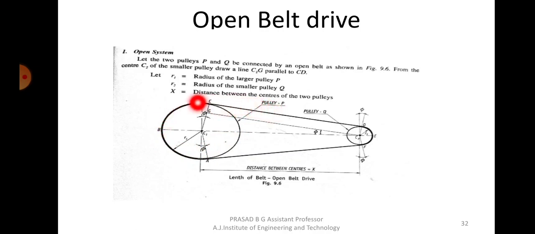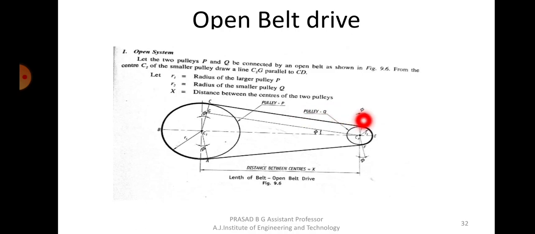So what will happen if I make this very tight? If I stretch it and connect it to the driven pulley, then the arc of contact will be less. Just think over that. If I pull it tightly from here, it will end here, very tight.